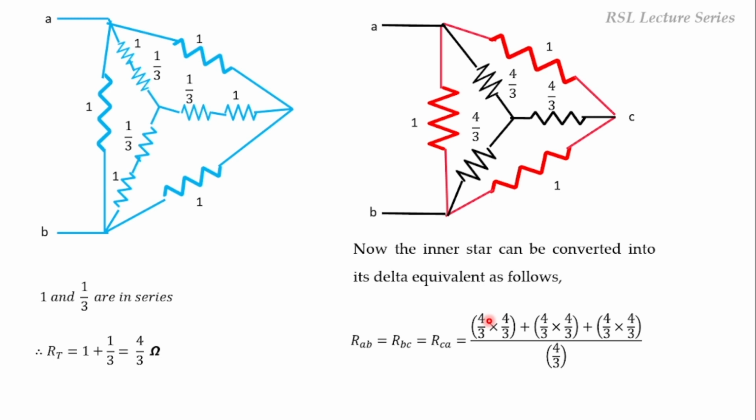This is the formula, which we have already discussed: RA into RB plus RB into RC plus RC into RA, divided by RC if you want RAB, by RA if you want RBC, and by RB if you want RCA. Here all the values are the same, so there is no problem.